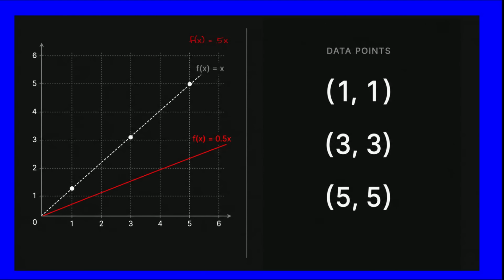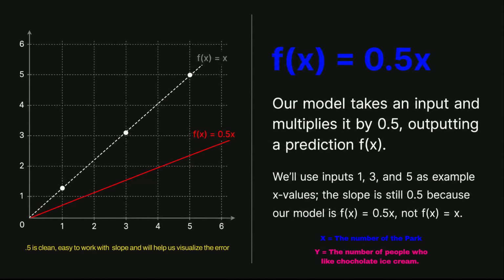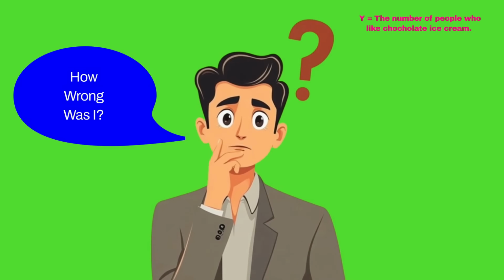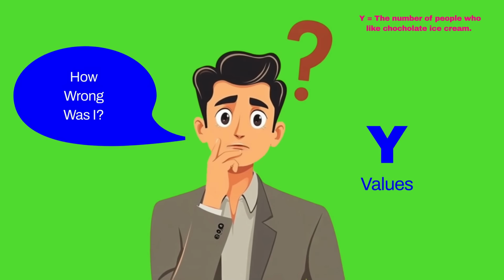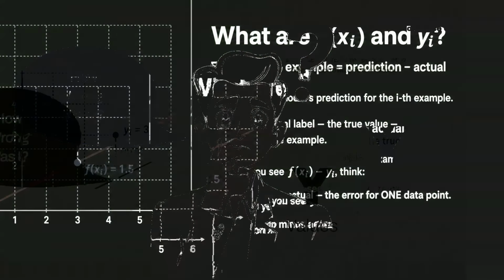You can see our columns and rows representing the x and the y axis with the numbers 1, 3, and 5. x1 and y1 equal 1, x2 and y2 equal 3, and x3 and y3 equal 5. Our model takes an input, multiplies it by 0.5, and outputs a prediction, which is your f(x). Our goal is to measure how wrong, on average, these predictions are compared to the actual y values.